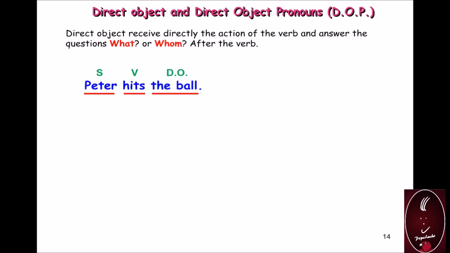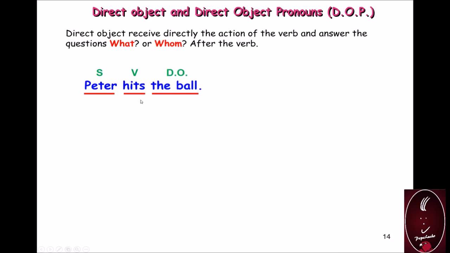How do you identify what is the direct object in the sentences? A direct object receives directly the action of the verb and answers the question what or whom after the verb.